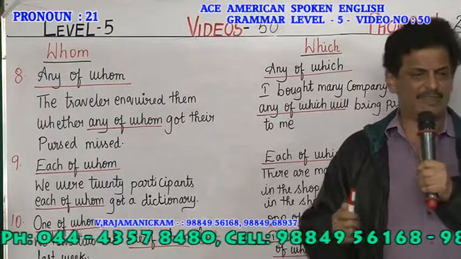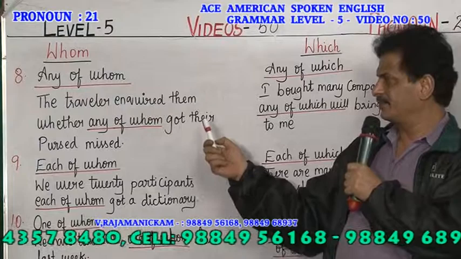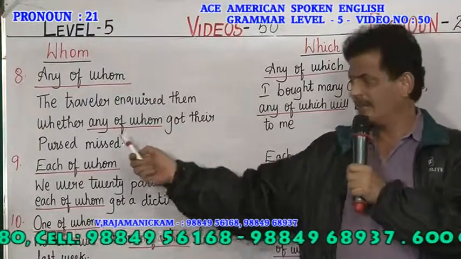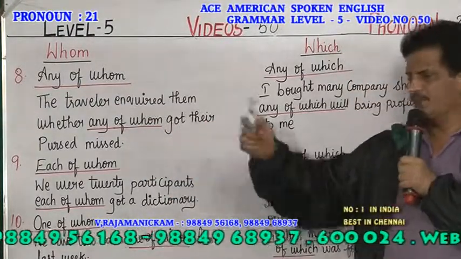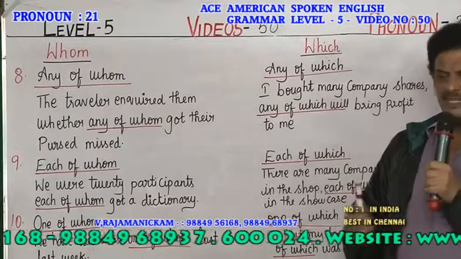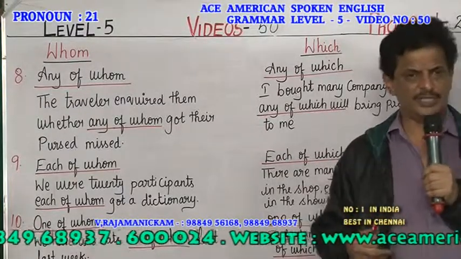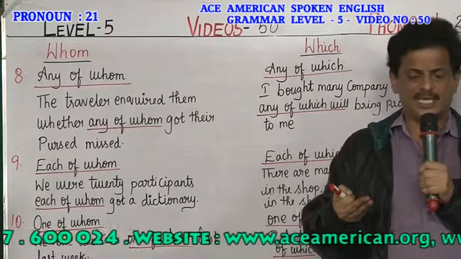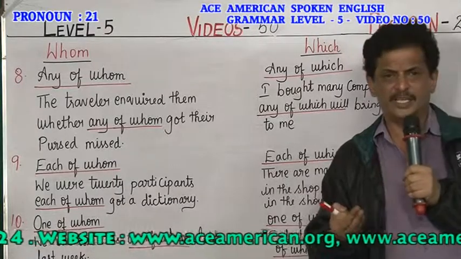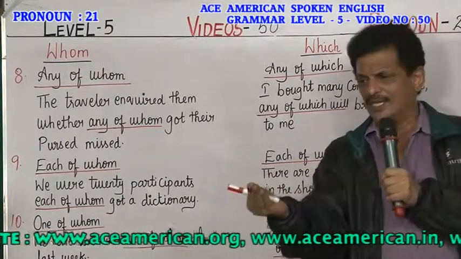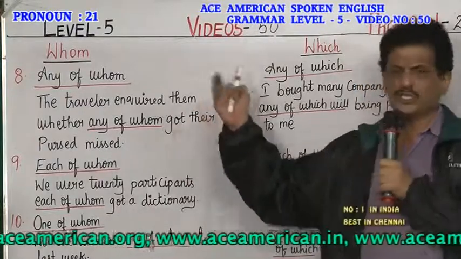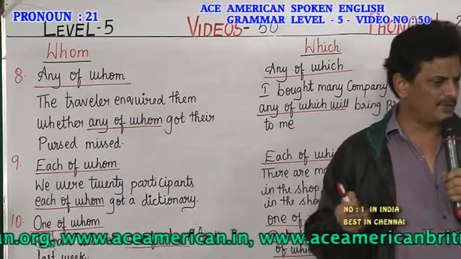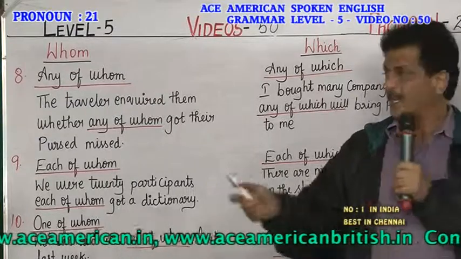The person who is traveling. The traveler enquired them whether any of whom got their purse missed. So the traveler found a purse down in the street, he took the purse, and he asked the other people accompanying him, any of whom got their purse missed, meaning, did any one of you miss the purse? You got it, any of whom.